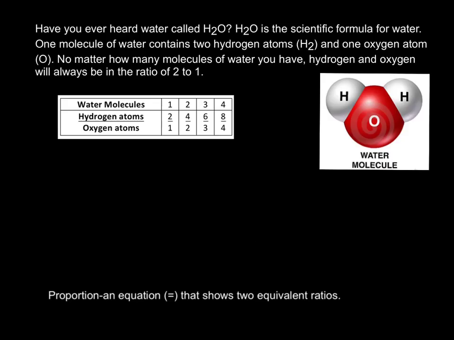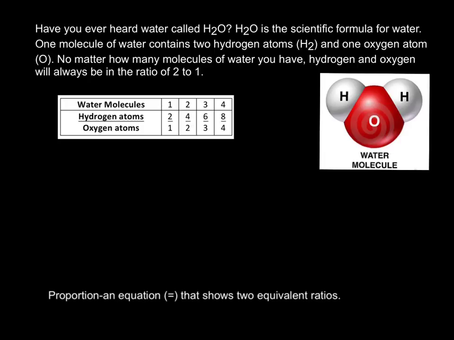Have you ever heard water called H2O? H2O is the scientific formula for water. One molecule of water contains two hydrogen atoms, or H2, and one oxygen atom, or just O. When they bond together, they make H2O. No matter how many molecules of water you have, hydrogen and oxygen will always be in the ratio of 2 to 1.